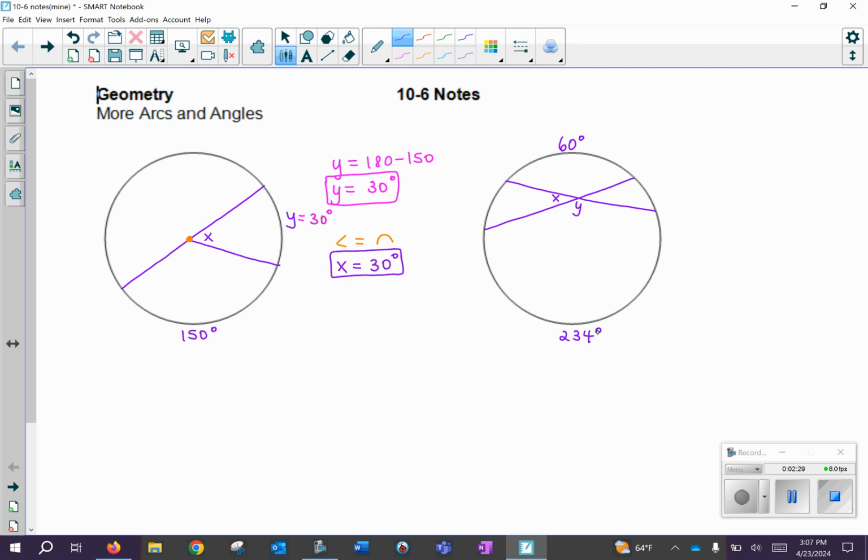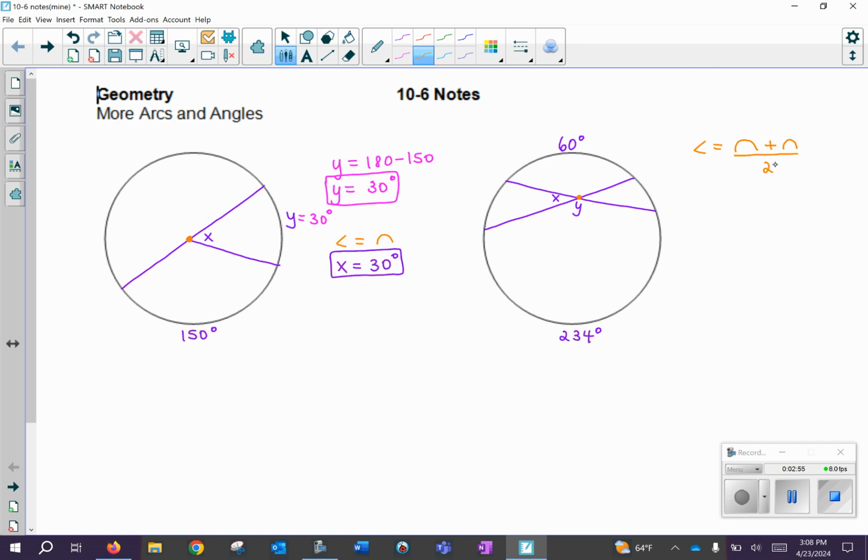So x and y are both angles with their vertex inside the circle, right? Inside the circle formed by 2 chords. So the overall equation we've asked you to memorize is that the angle equals arc plus arc over 2.